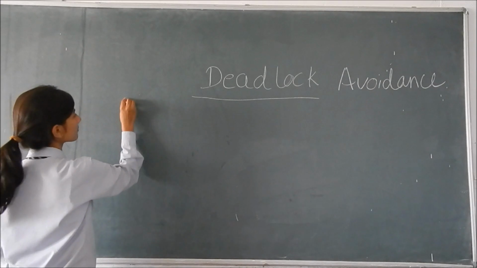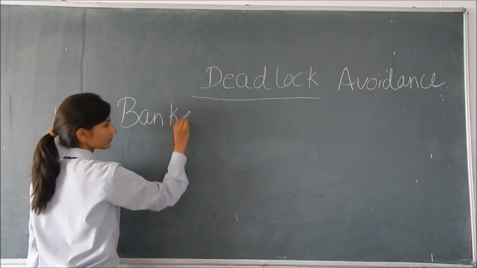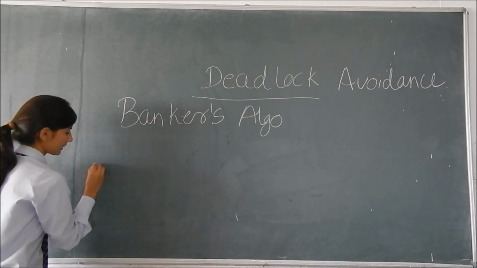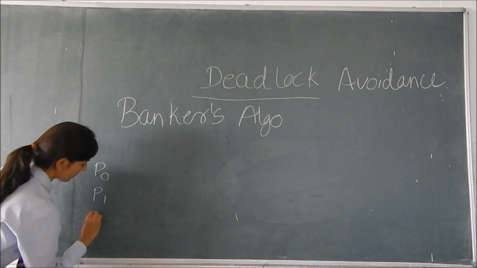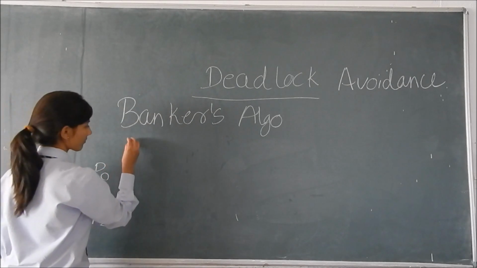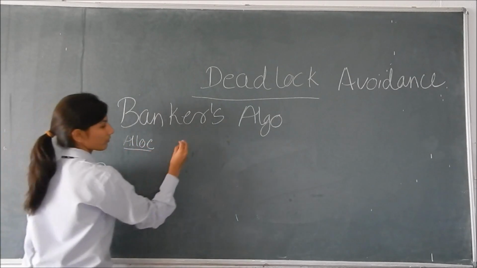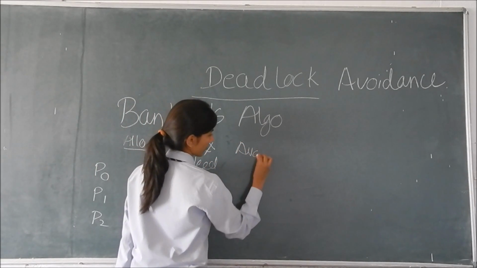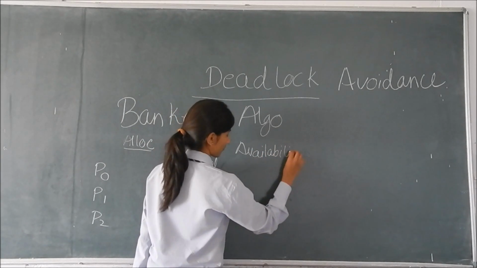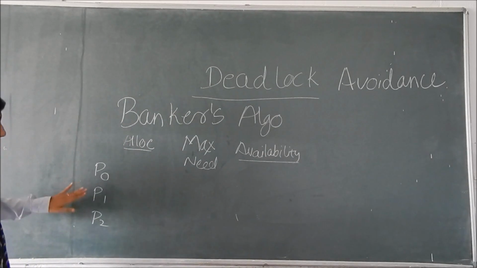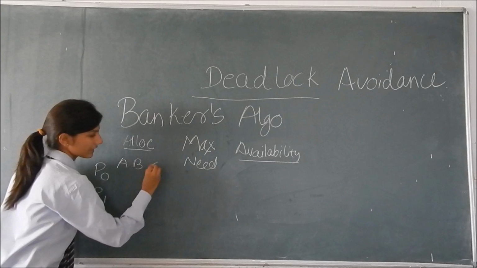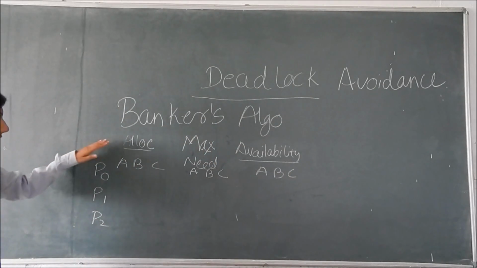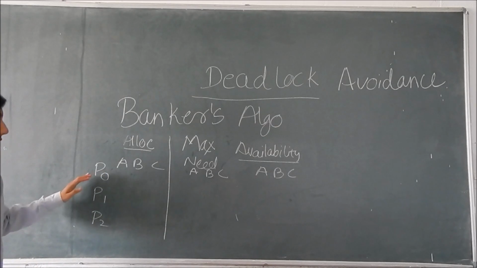Using Banker's algorithm. In Banker's algorithm, consider processes such as P0, P1 and P2, and three resources such as A, B and C. Allocation means some amount of A, B and C are allocated to these processes.